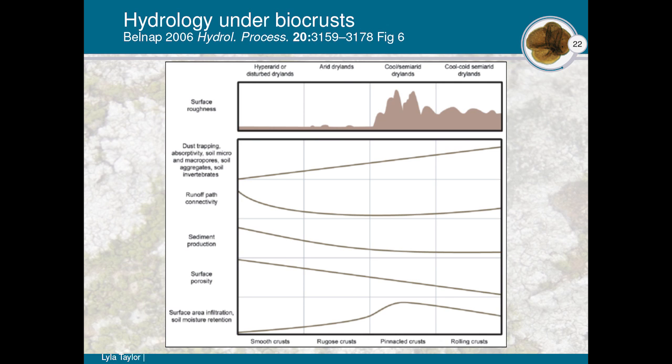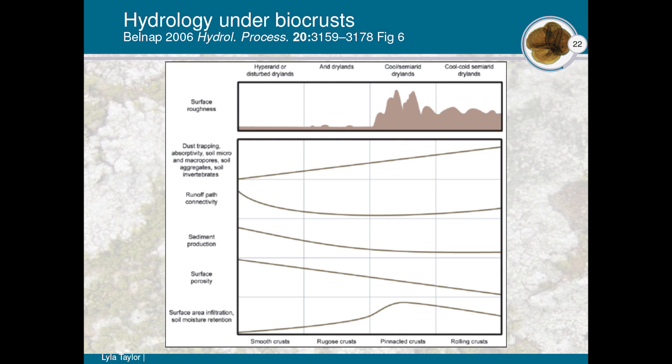So hydrology under biocrust is actually not quite as simple as that diagram implied. Jane Belknap has done an awful lot of work on biocrusts, and in her 2006 review, she was looking at different hydrological and also sedimentological parameters related to biocrusts.